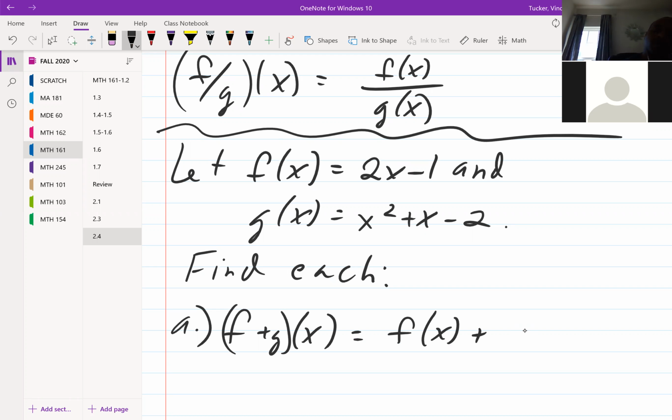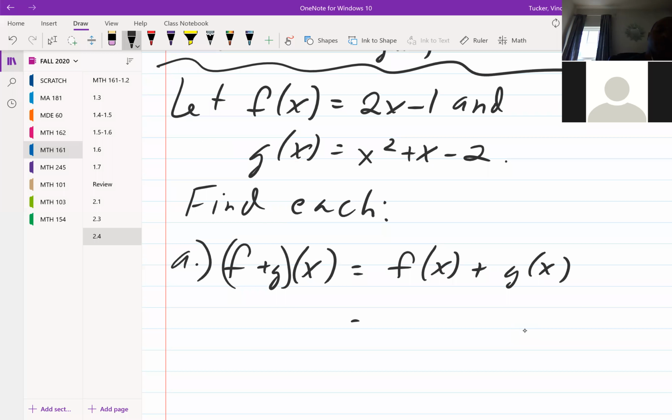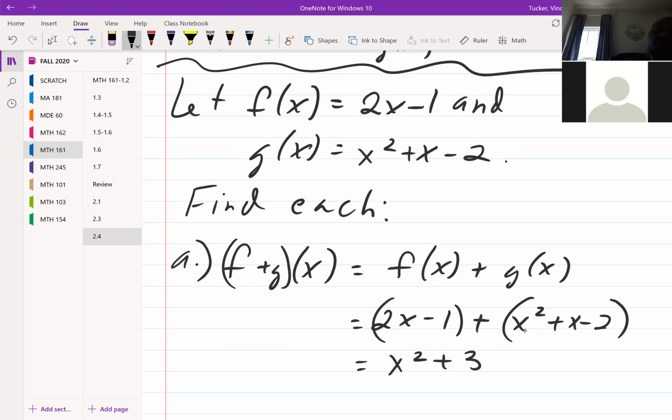So as I said before, that means f of x plus g of x. So we take f of x, add it to g of x, and combine your like terms. And that's it.